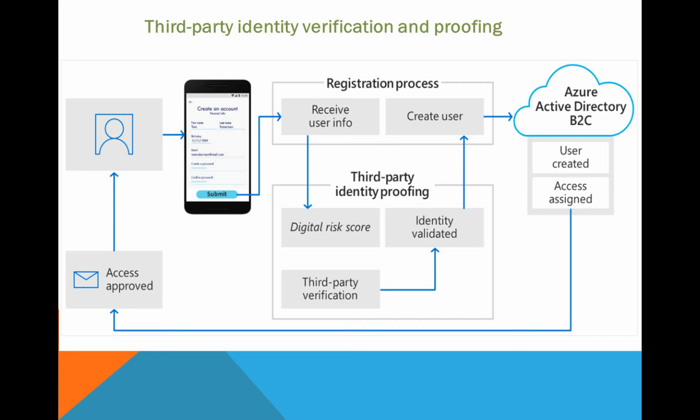So it allows validation or verification by a third party and validates the identity with the third party. That is called third-party identity proofing.